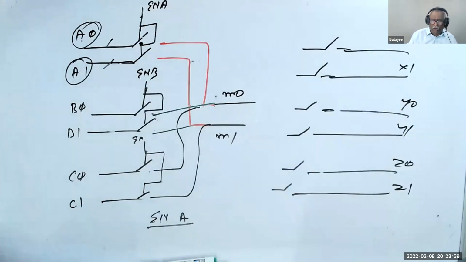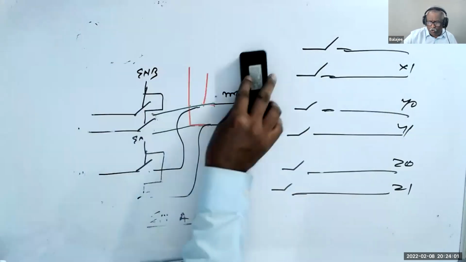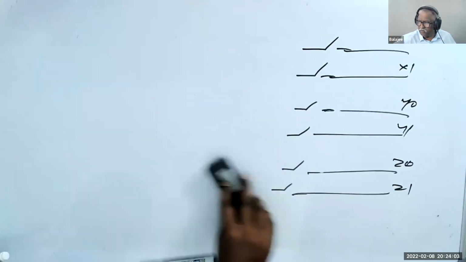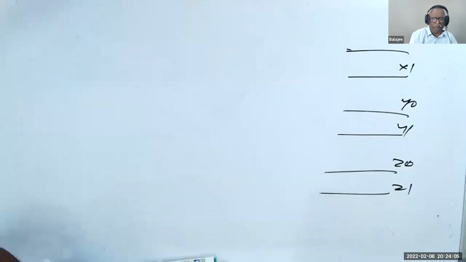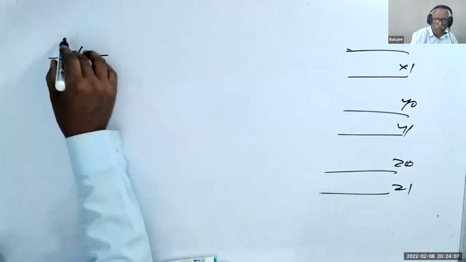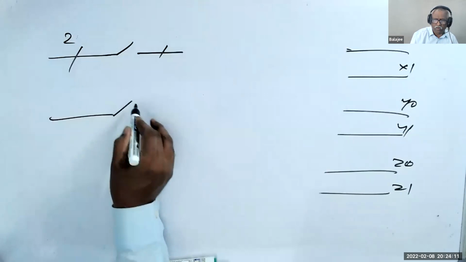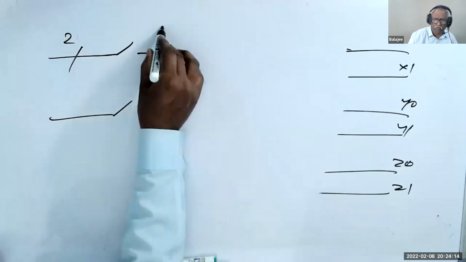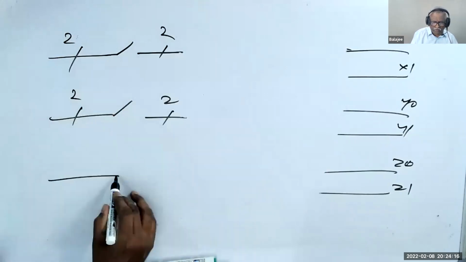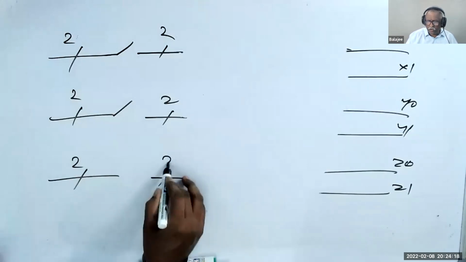So normally we don't draw like this. This is boring. That's why normally we draw like this. When I put 2, it means 2 wires.